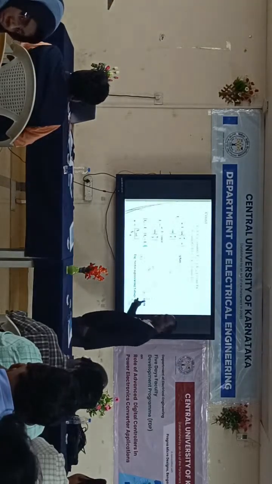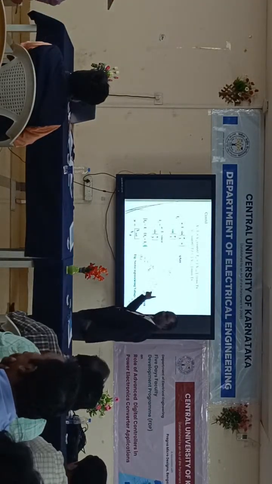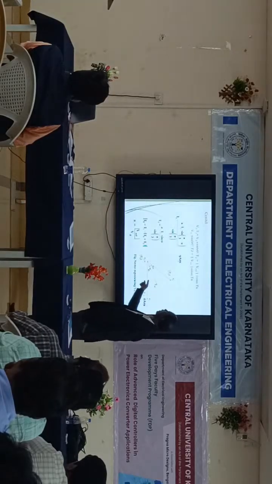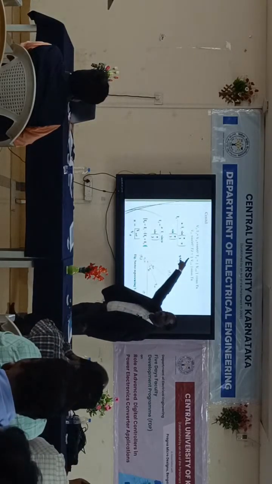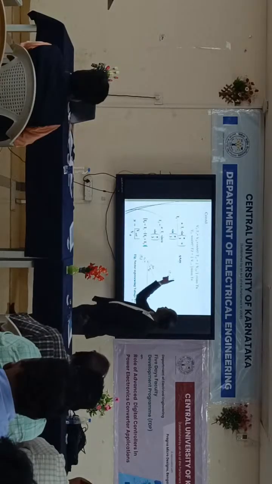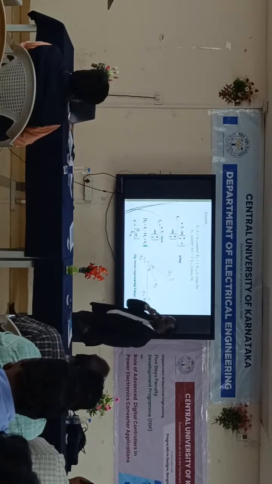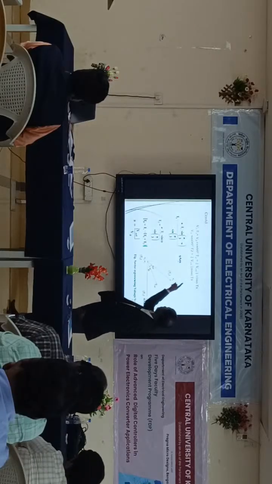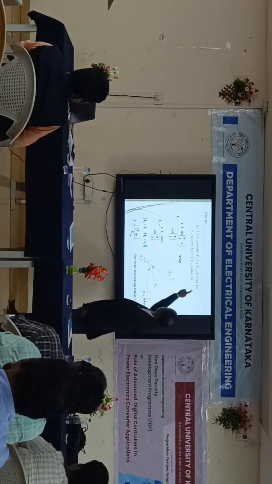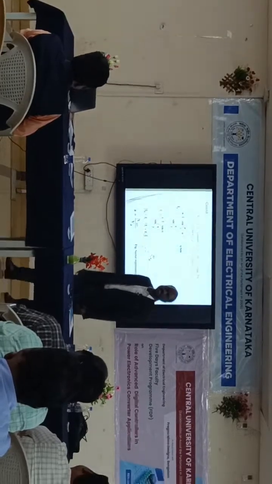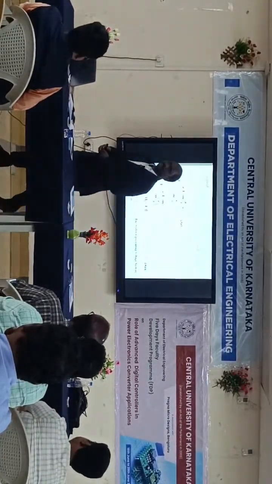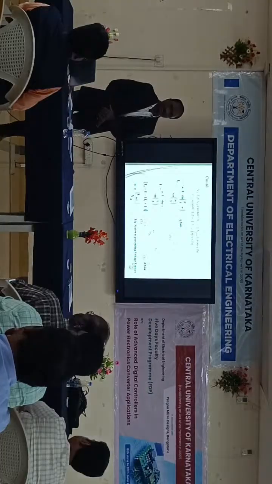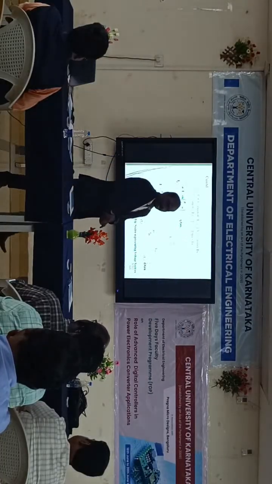So Vd into T1, and V2 resolved, V2 cos 60, where V2 is nothing but Vd, into the time period T2. That is equal to V reference resolved now: V reference into cos alpha for a period of Ts. Ts is nothing but the switching time period, which we are going to decide. It depends, we will see now.